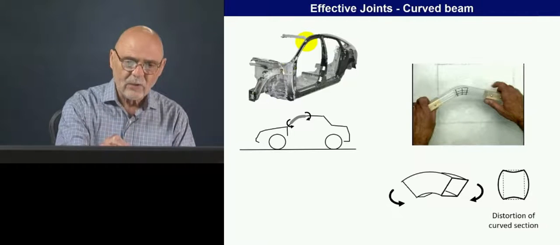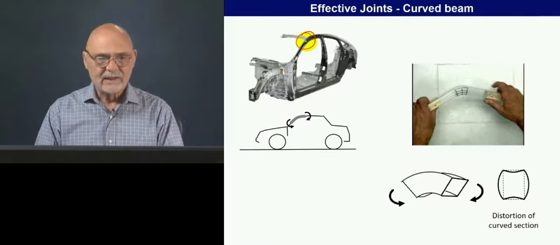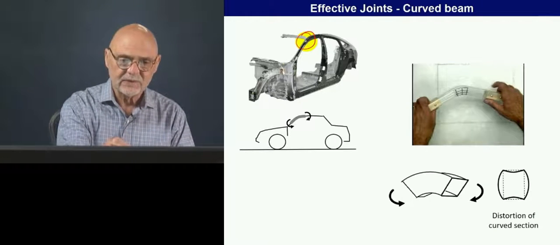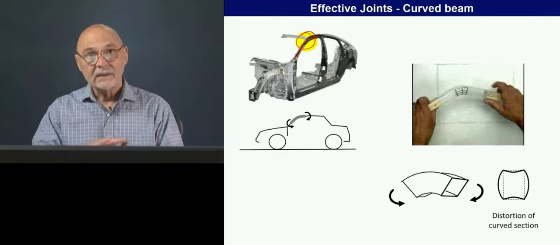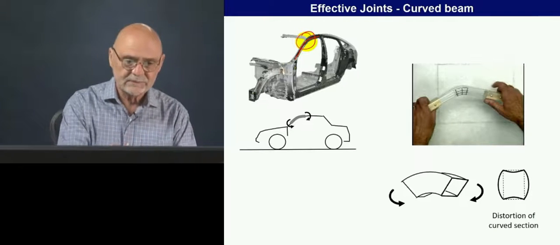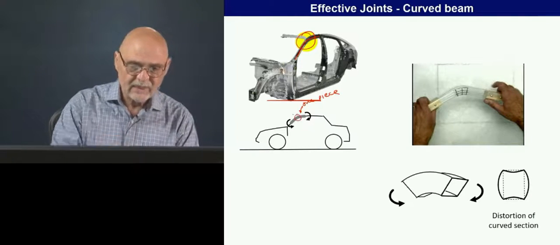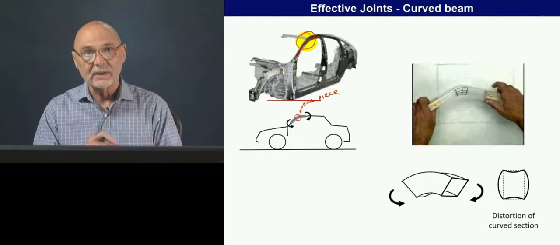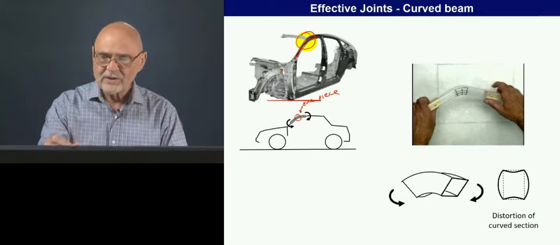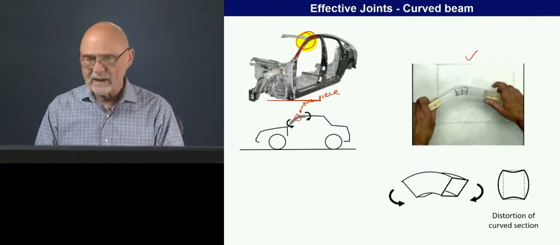So let's look at one other type of effective joint, and that's just a beam with a curve in it. So here's a roof rail to an A-pillar, and let's say that's made out of a tube, out of a hydroform section. So this is one piece. But because it has this geometrical transition, it's going to act as if there's a joint there. In order to see that, let's take a look at this little plastic model here.